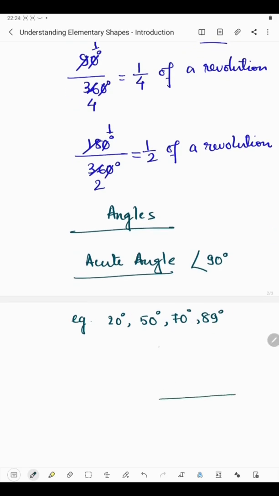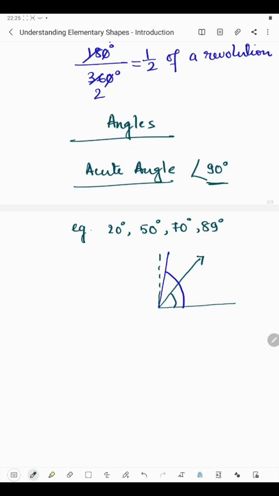Now see, this is 90 degree. Now any angle which is less than 90 degree. Suppose if I draw the angle like this, it forms acute angle, or if I draw like this, it is also acute angle because this is less than 90 degree. So these all are acute angle, an angle which is less than 90 degree.